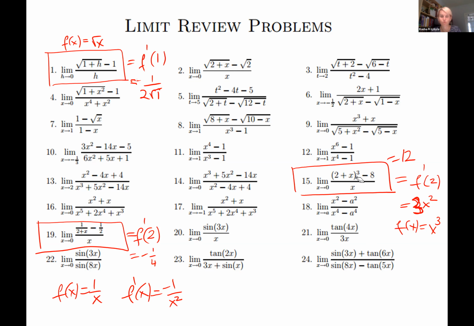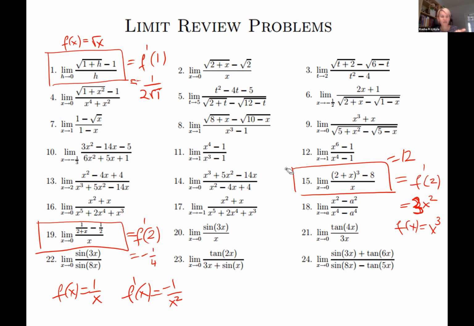But you may expand this. 2 plus x cubed, expand, you will have 8, you will probably cancel out 8, then find a common factor x, and you can do the algebra. What I will suggest is to look at the limit calculation. I do have 2 or 3 practice videos, and I'm solving lots of limits. I will definitely suggest watching them and the session from week 1, because we also solved lots of limits.